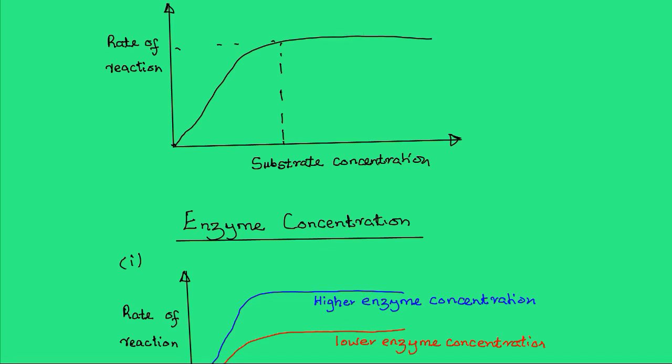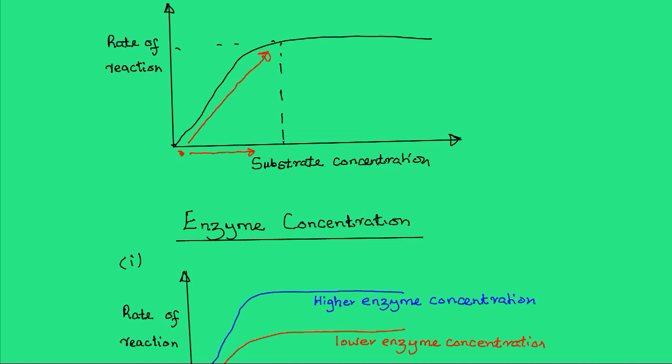Substrate, as we mentioned, is a substance that is acted upon by enzyme to be converted into product. Now, if we start at low substrate concentration and we increase the substrate concentration using a given amount or concentration of enzymes, then you're going to see that as we increase the concentration of the substrate, the rate of enzyme activity will also increase.